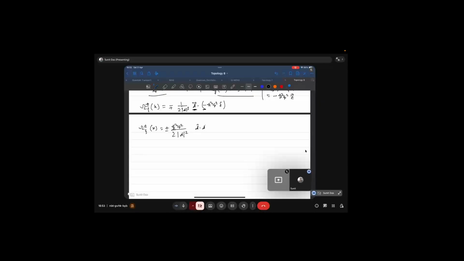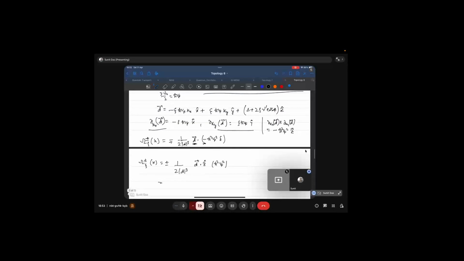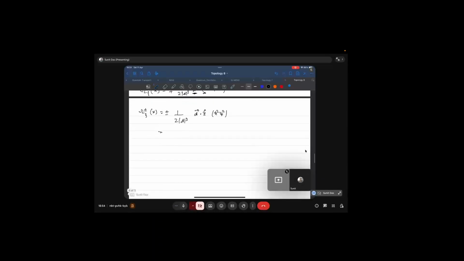Or no, let me go back to what I was doing. I have 2 mod d cube, d dot z cap, and then there will be an extra h bar square vf square. The minus is absorbed here. So d cap dot z cap gives me this particular term, right? So plus minus 1 by 2 h bar square vf square.